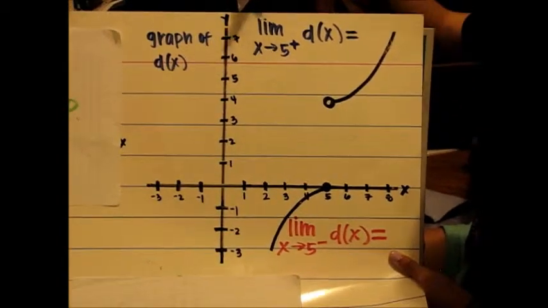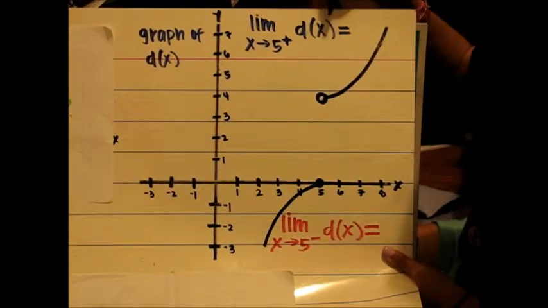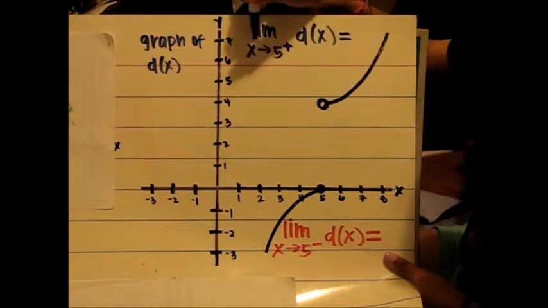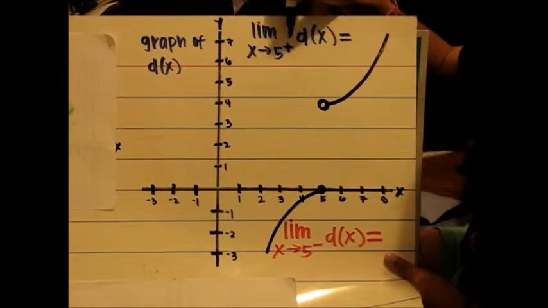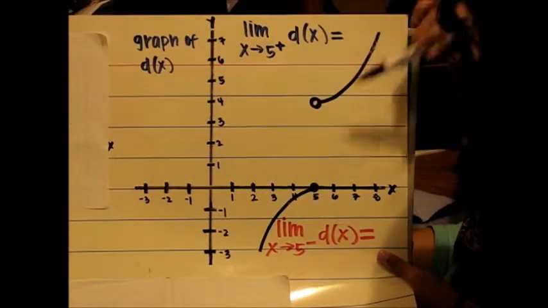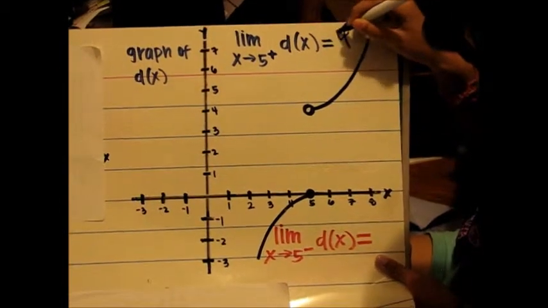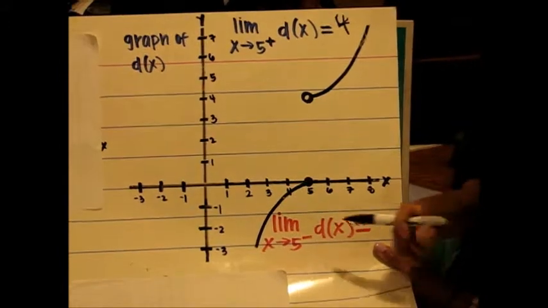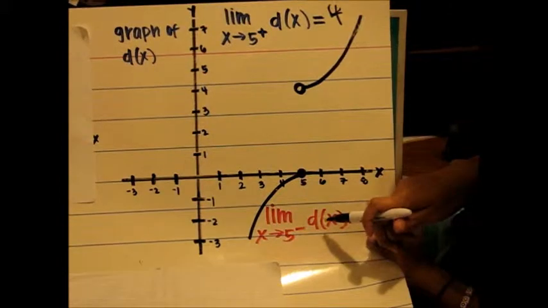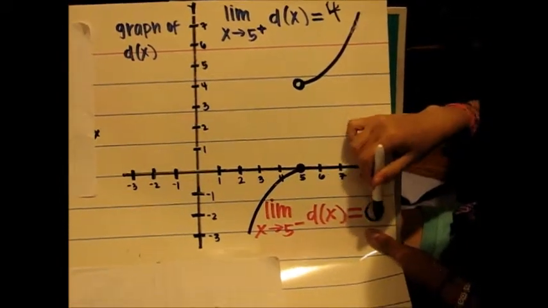And so let's try to prove if this graph has a limit from the left and right hand side that equals one another. So the limit as x approaches 5 from the right hand side of the function d of x, as you can see from here, equals 4. And the limit as x approaches 5 from the left hand side of the function d of x equals 0.